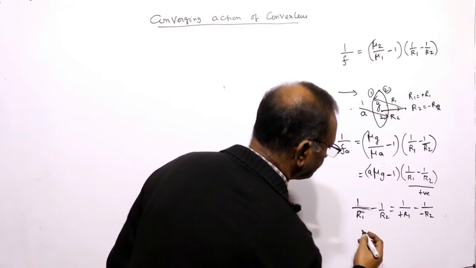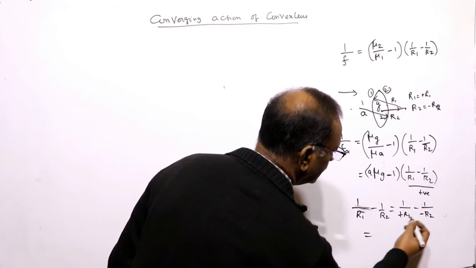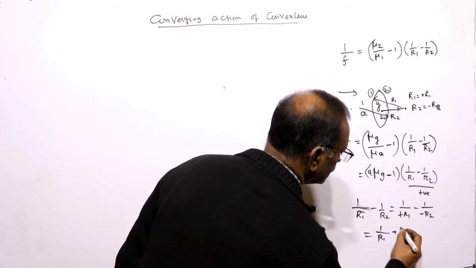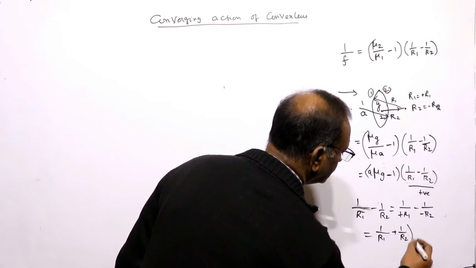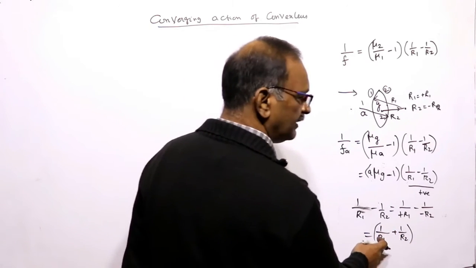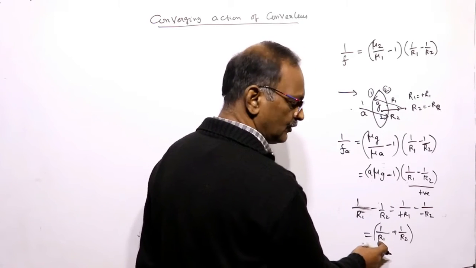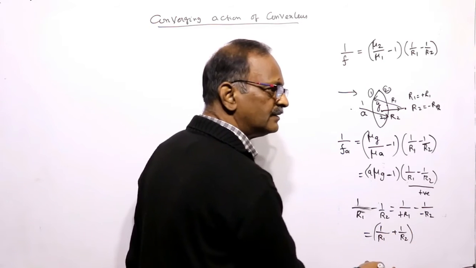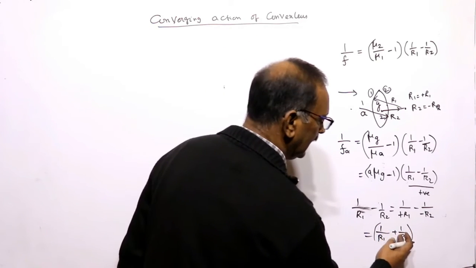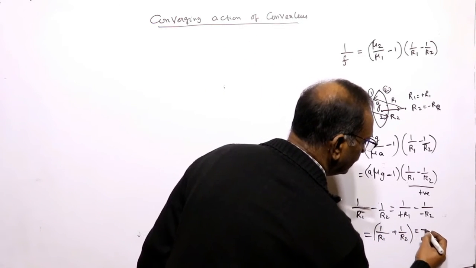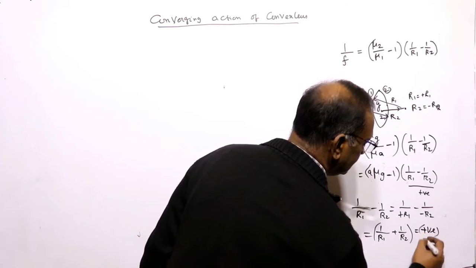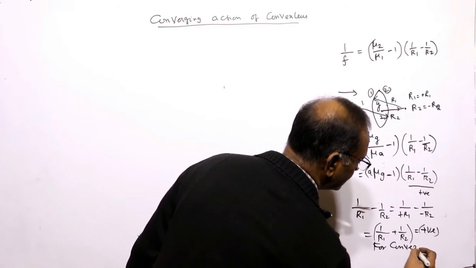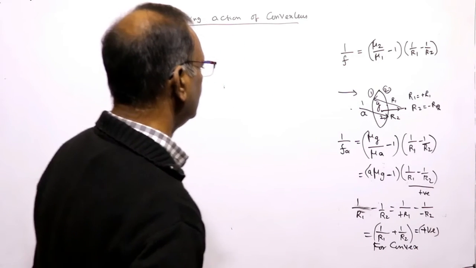So this becomes 1 by R1 plus 1 by R2. R1 is a positive quantity, so 1 by R1 is also positive, R2 is also positive, and 1 by R2 is also positive. A positive quantity added to a positive quantity will be positive for a convex lens. We are dealing with a convex lens.